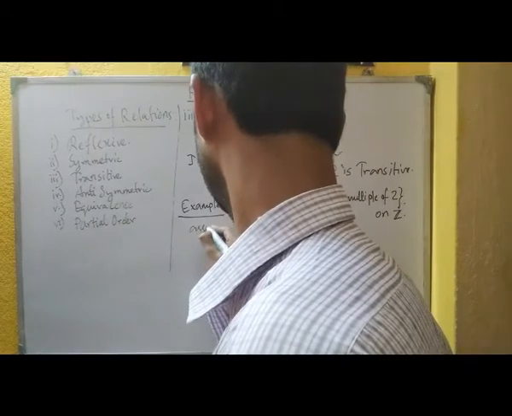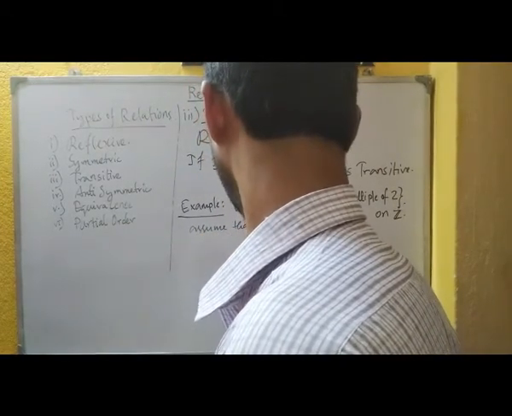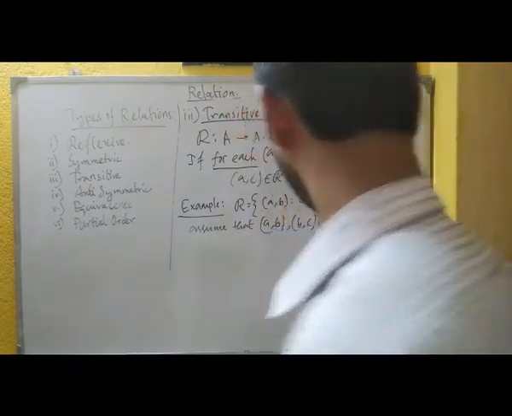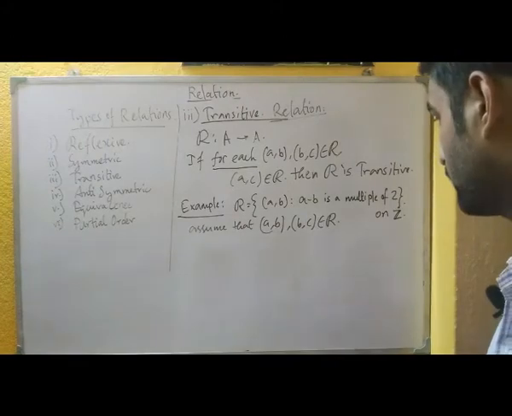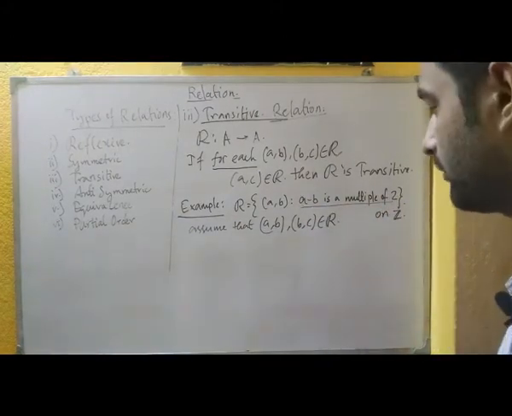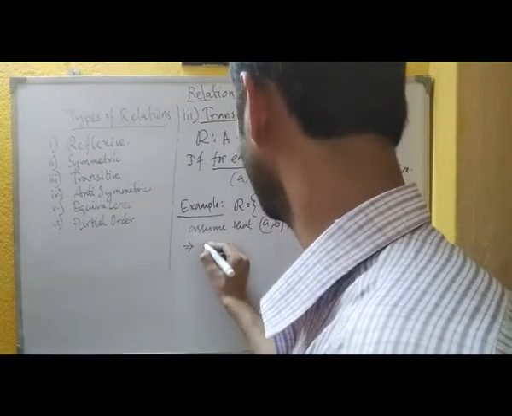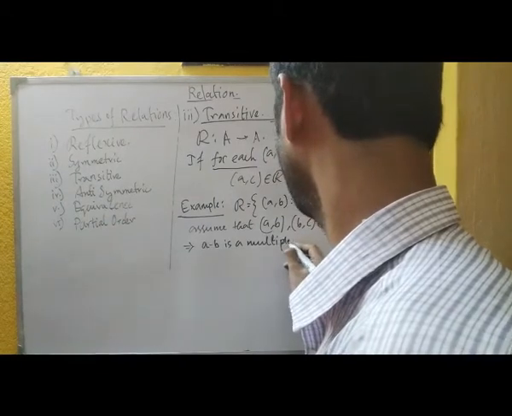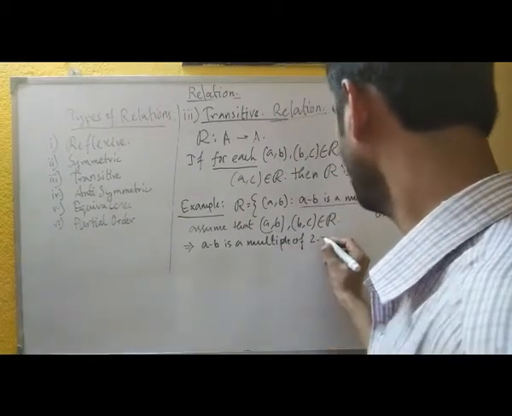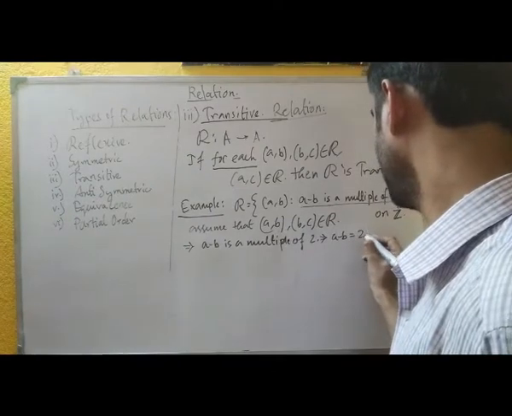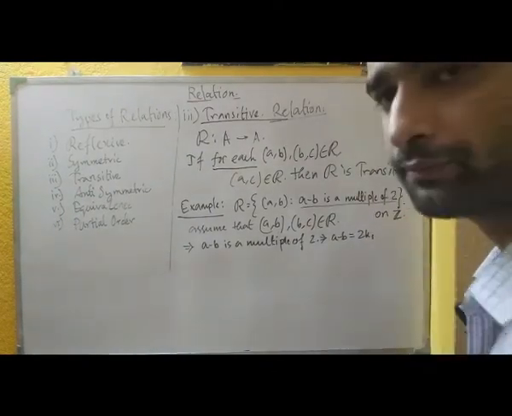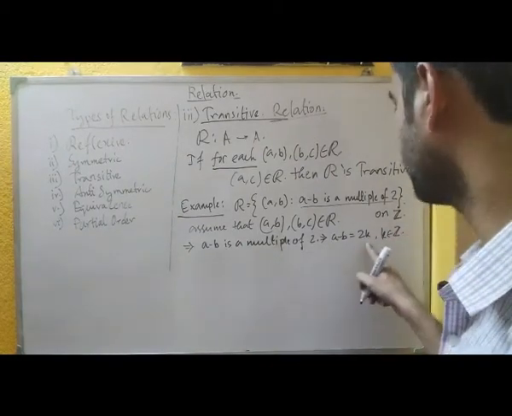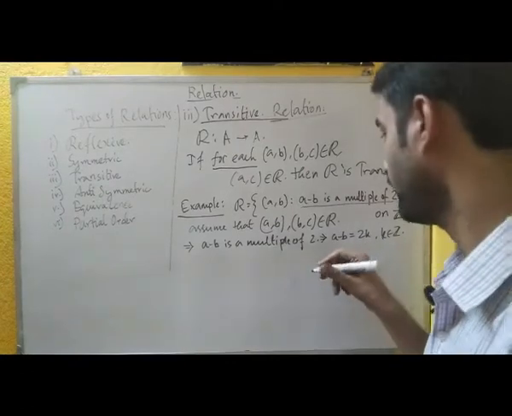So suppose we assume that (a,b) and (b,c) belong to the relation R. Then this condition will hold for (a,b) and (b,c). So here we can say that a minus b is a multiple of 2. Moreover, we can say a minus b is in the form of 2k, where k is some integer, because the multiples of 2 can be expressed like 2k.